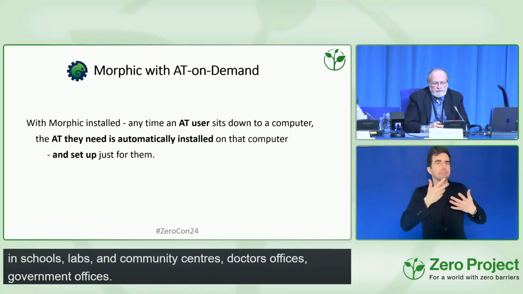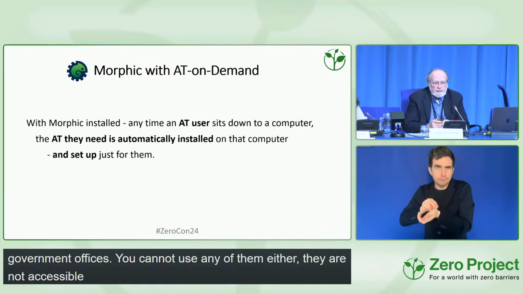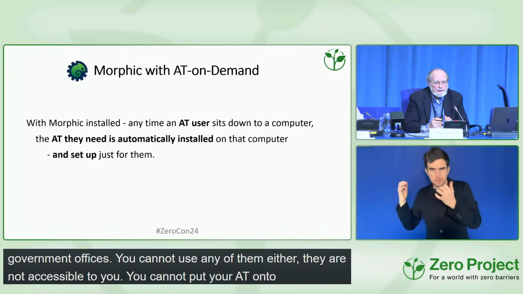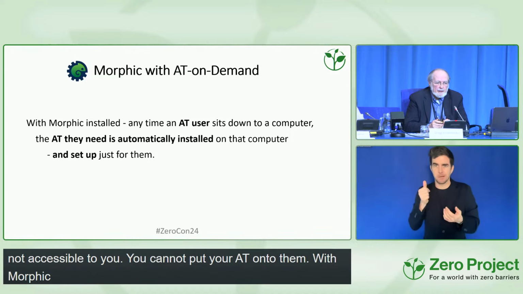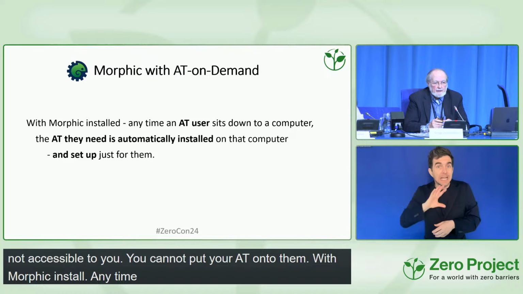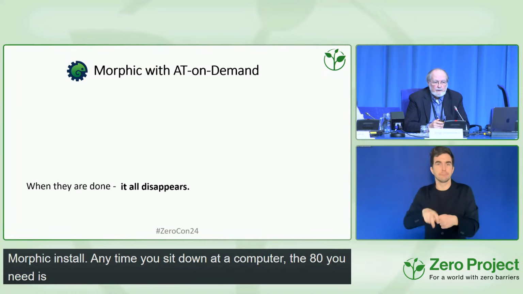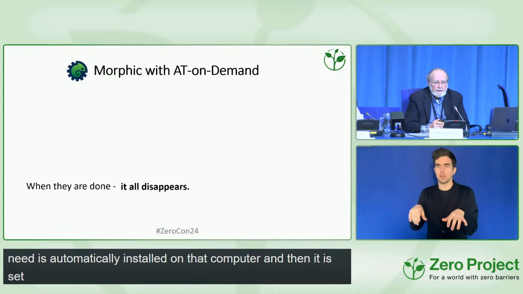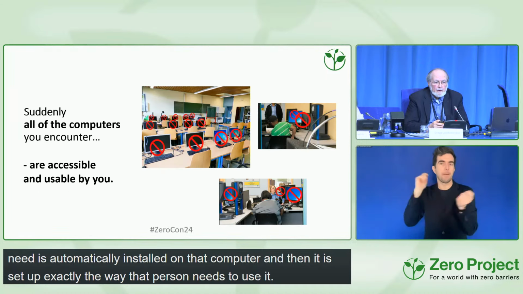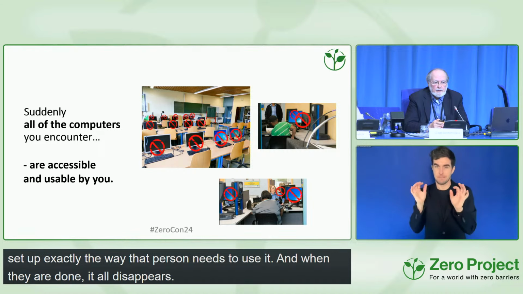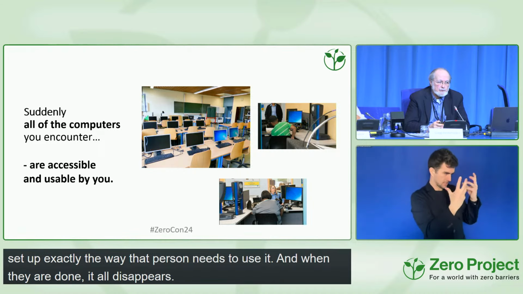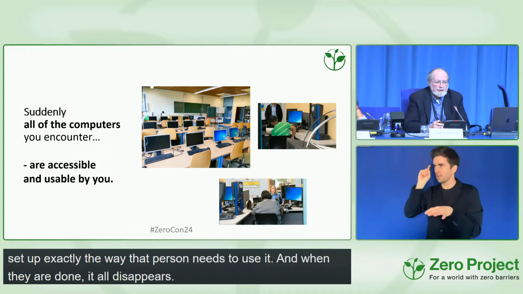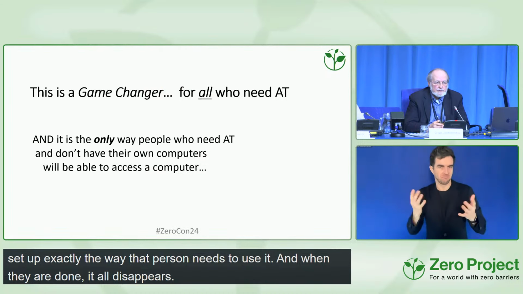So with Morphic install, anytime an AT user sits down to a computer, the AT they need is automatically installed on that computer. And then it's set up exactly the way that person needs to use it. And when they're done, it all disappears. So for the first time, all those computers that you saw before that were inaccessible are now accessible to you, because you can sit down to any one of them in any classroom, any lab, and your AT shows up.